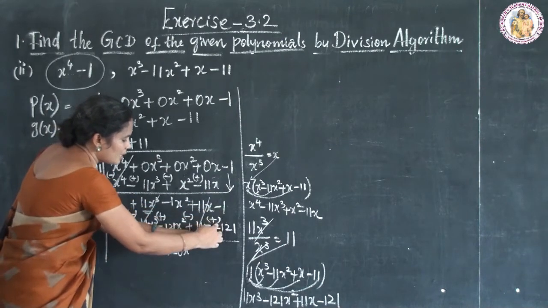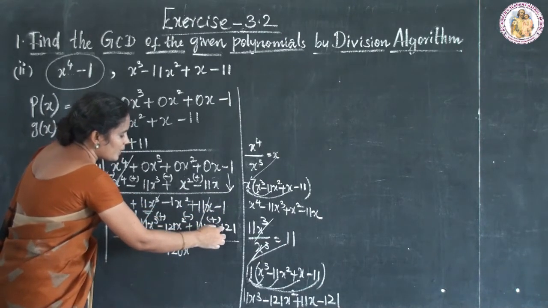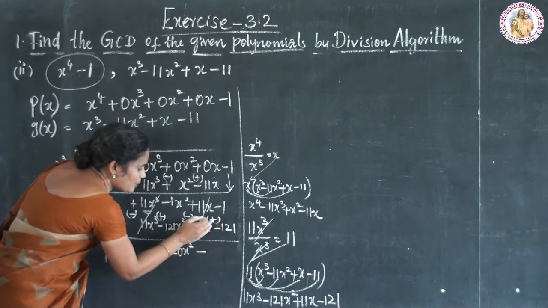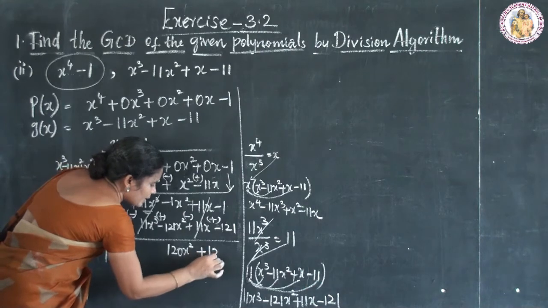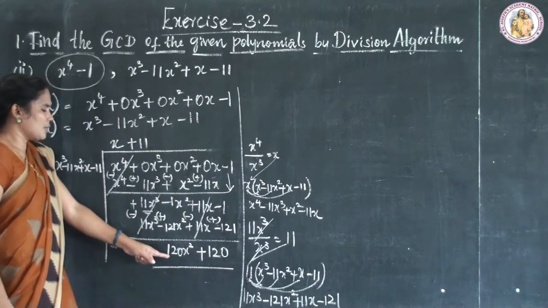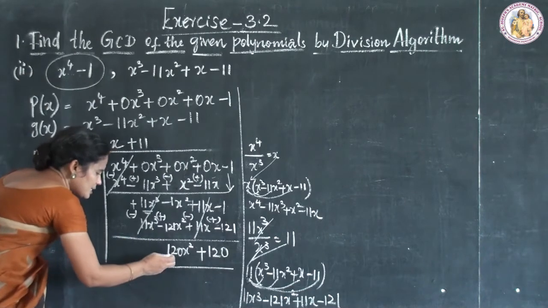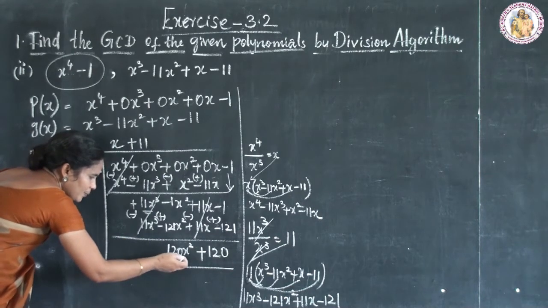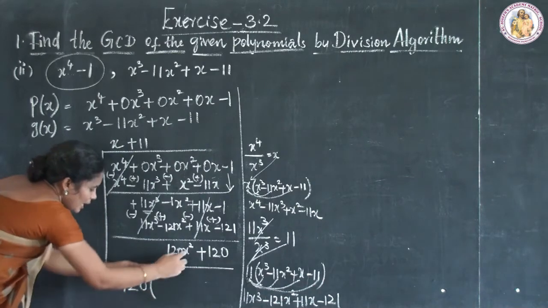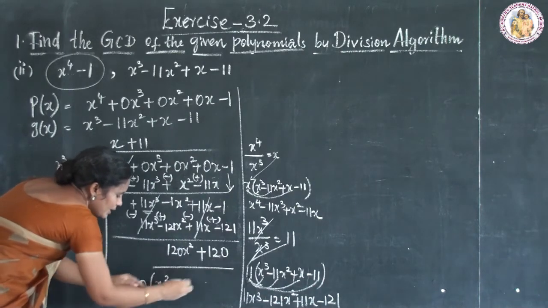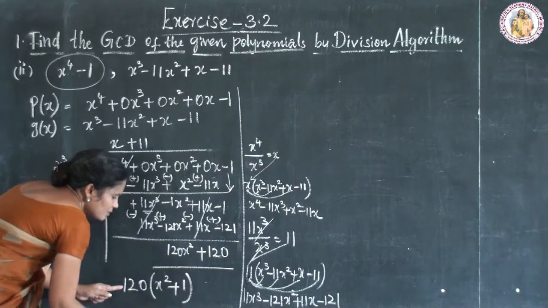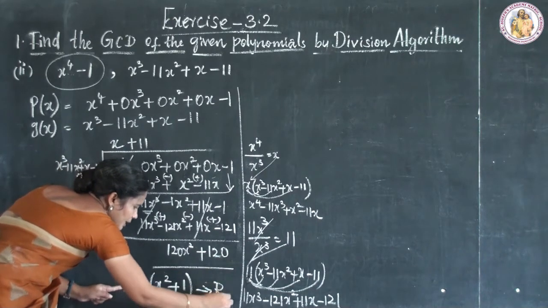Here you can see different signs, 121 minus 1. So 121 is greater, plus 120. So we didn't get 0. You can see, reduce the term. So 120 common, take 120 x square plus 120 into 1, 120. This is the remainder.